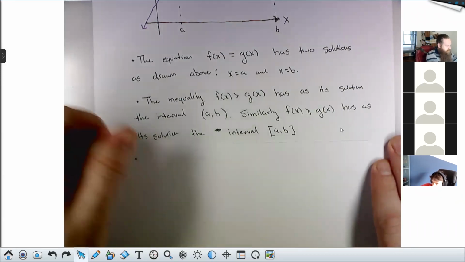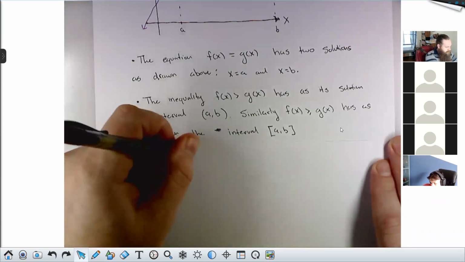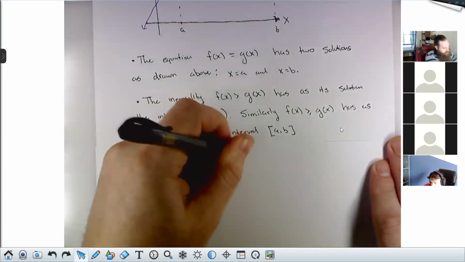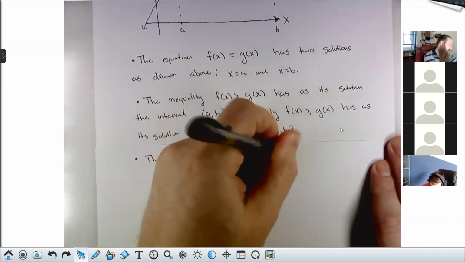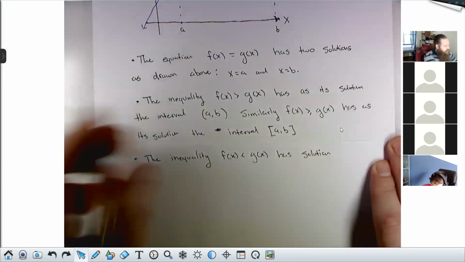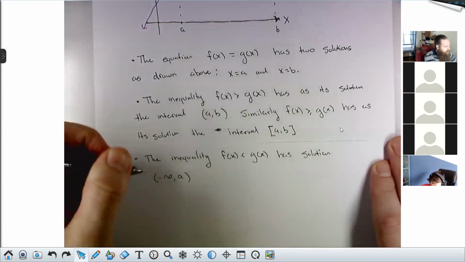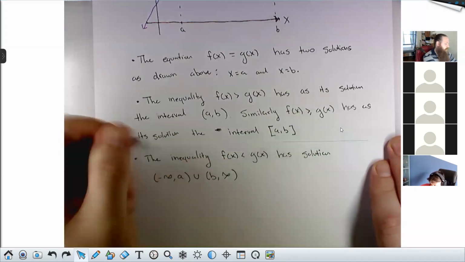But then we'll look at an example. So the solution here would be negative infinity up to a union with b to infinity.